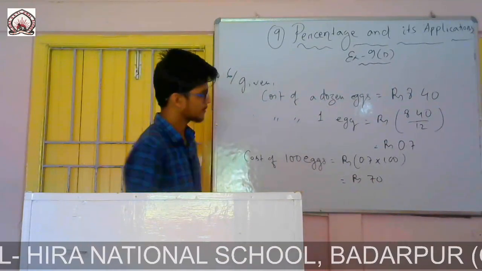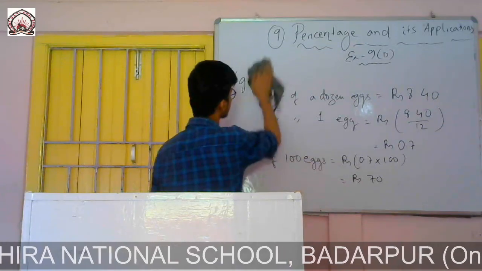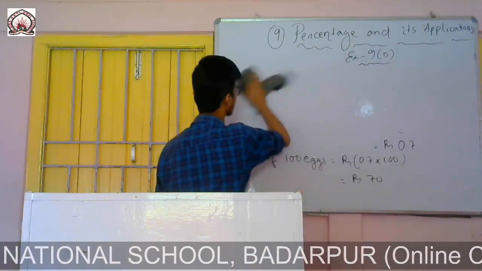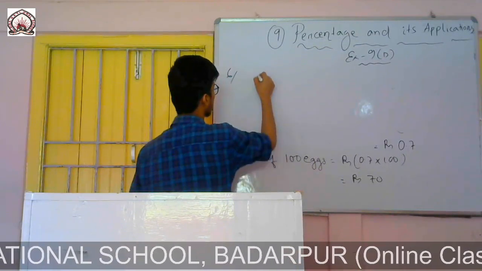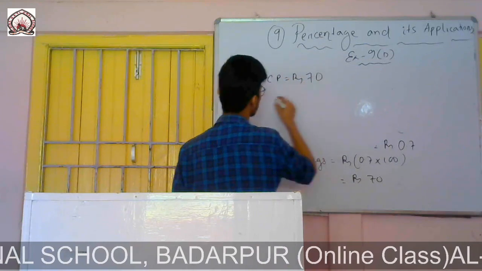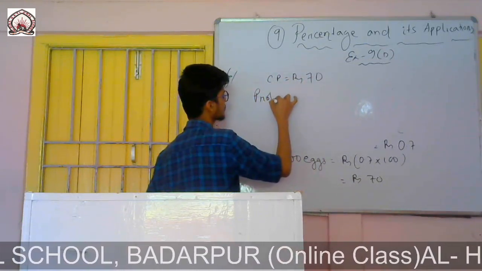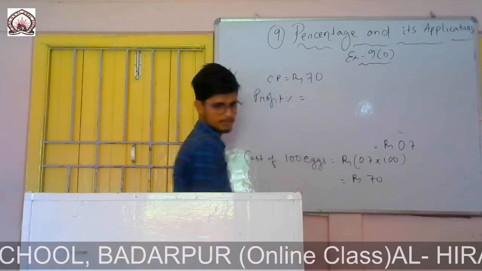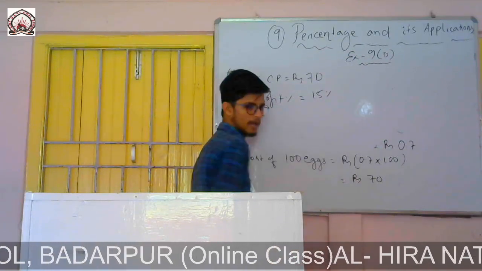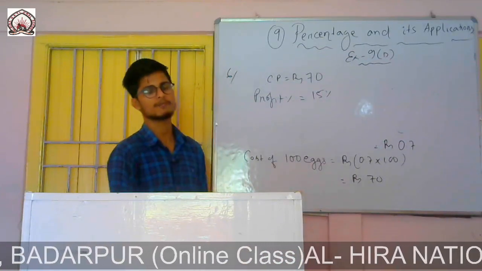So you write, therefore, cost price is rupees 70. Profit percent is given as 15%. So we'll find the SP, the selling price. We know the formula of SP.